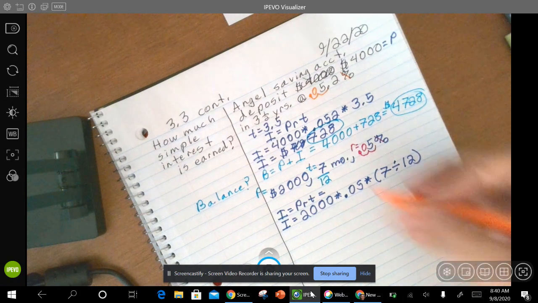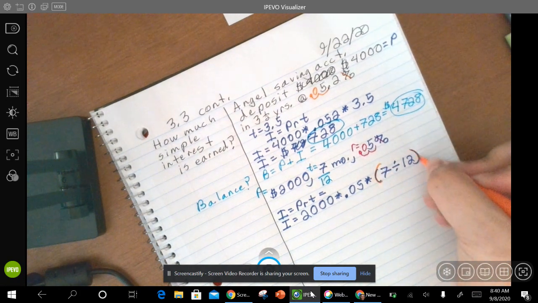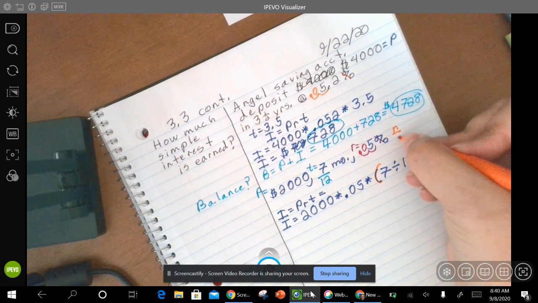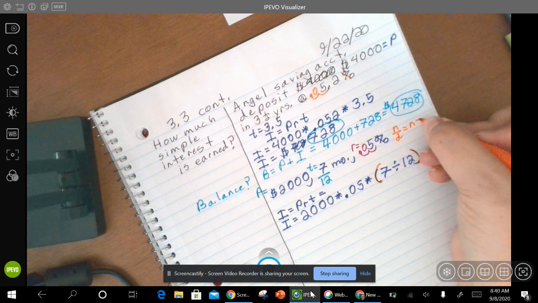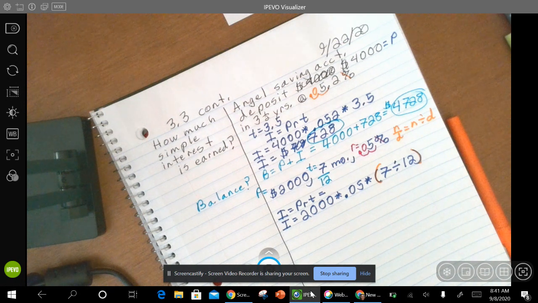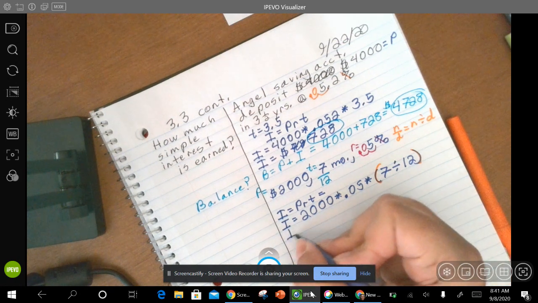Let me say that again, 7 divided by 12. So numerator over denominator equals numerator divided by the denominator. Everybody, fractions are just another way to write division. And so we get how much interest is earned.